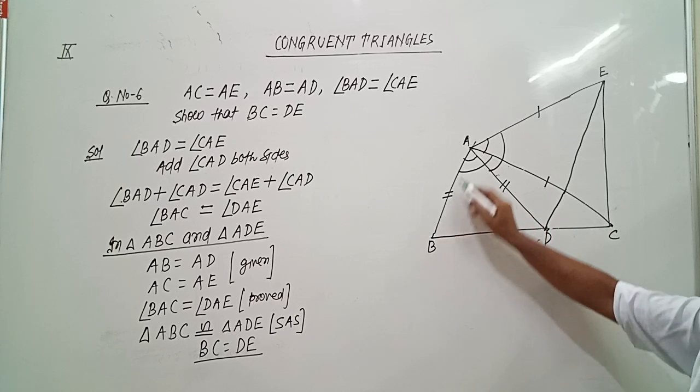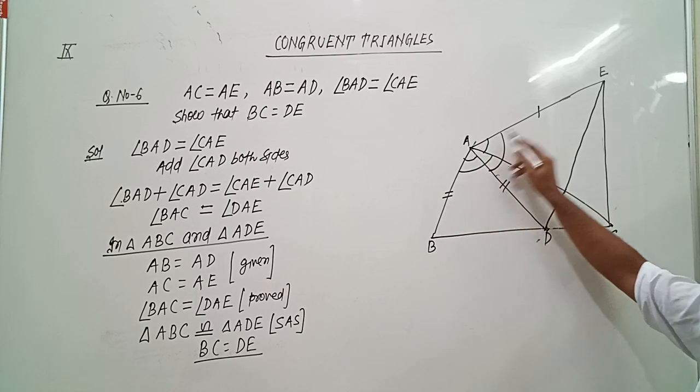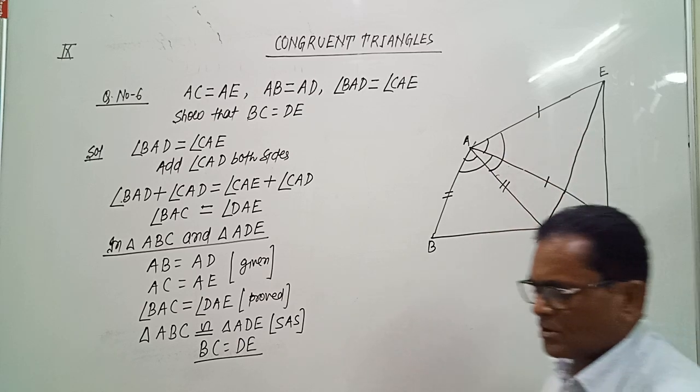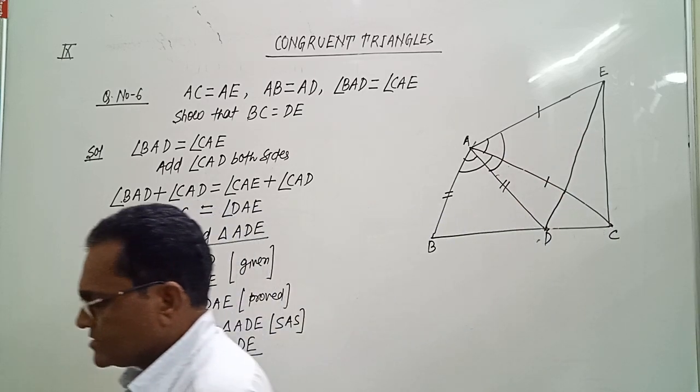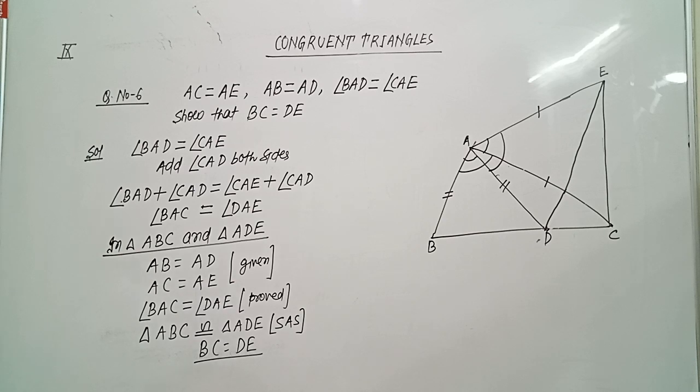And angle BAC equals DAE we have proved. So by SAS, these triangles become congruent, and by CPCT, the corresponding sides BC and DE will be equal.